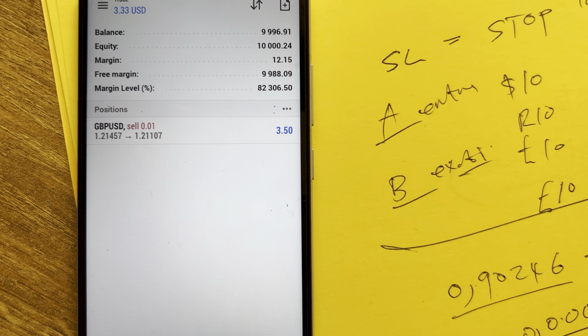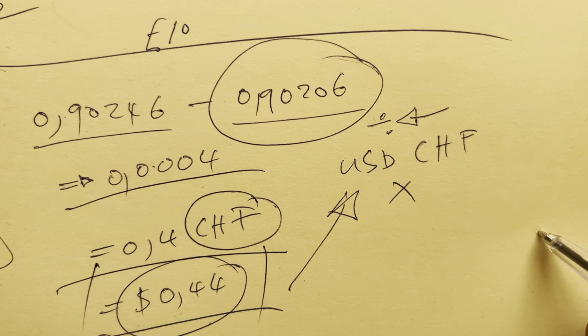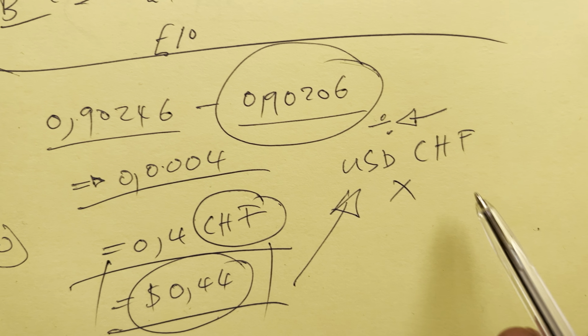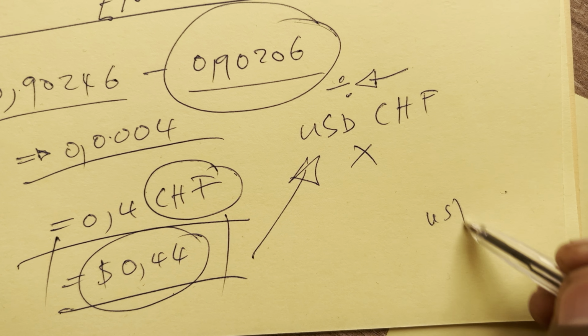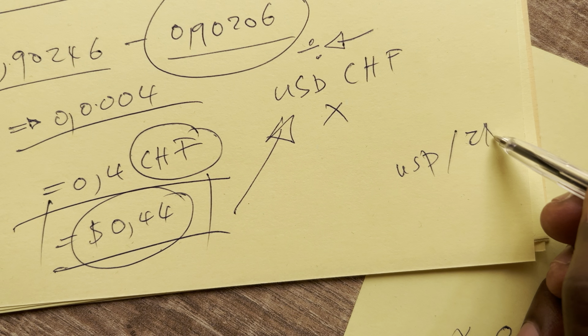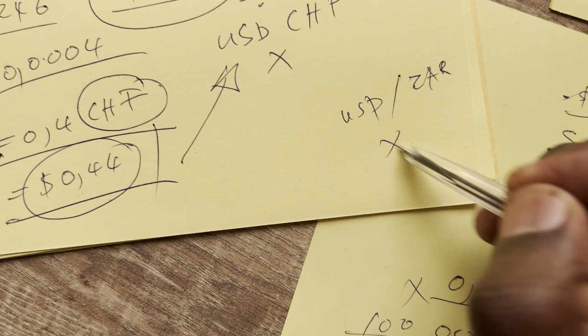So we're gonna come to USD ZAR and search USD ZAR. Remember, we're moving from CHF, so we're gonna have to use USD. So now we have the USD. We're gonna use the USD ZAR. So we are moving from USD, so meaning that we need to times.